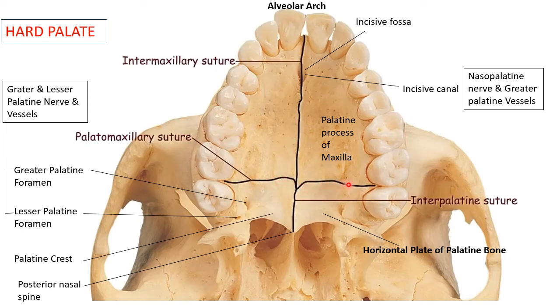These palatomaxillary sutures, the intermaxillary suture and the interpalatine suture, form a cruciform. So this is called the cruciform suture.